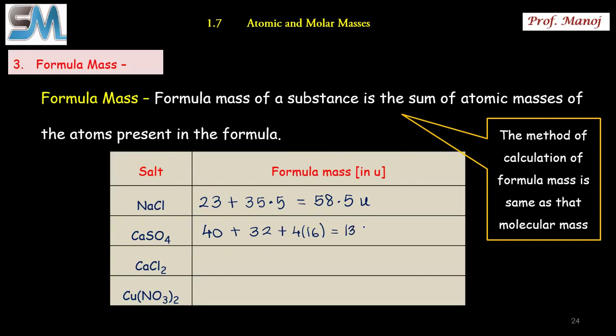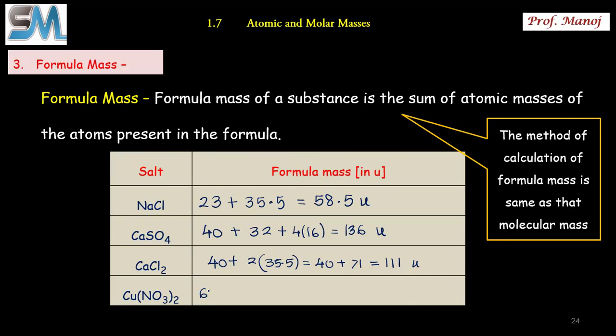That total comes out to be 136 U. Once again, going ahead, calcium 40, 2 chlorine atoms and each chlorine is 35.5. So that's 40 plus 71, 111 U.